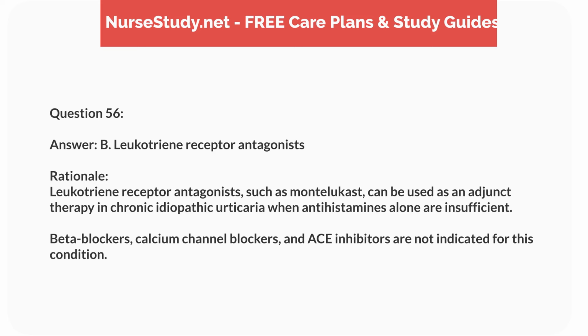Answer: B. Leukotriene receptor antagonists. Rationale: leukotriene receptor antagonists, such as montelukast, can be used as an adjunct therapy in chronic idiopathic urticaria when antihistamines alone are insufficient. Beta blockers, calcium channel blockers, and ACE inhibitors are not indicated for this condition.